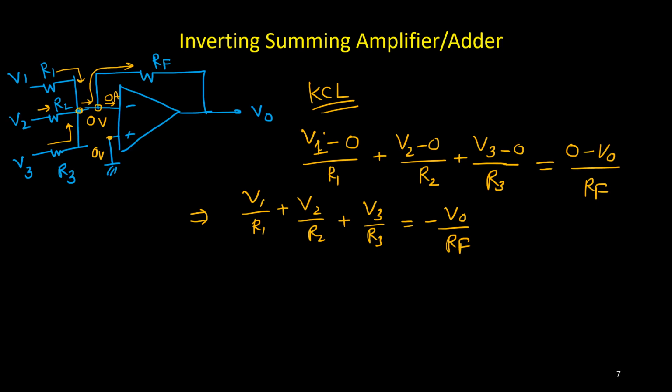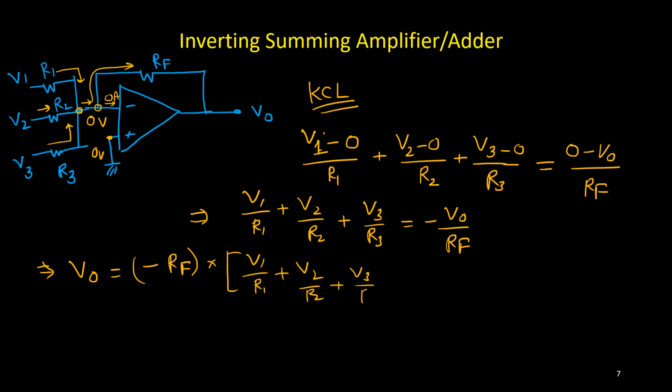Right? So in other words, we can find out the output voltage V0 equals minus RF times V1 by R1, V2 by R2, V3 by R3.